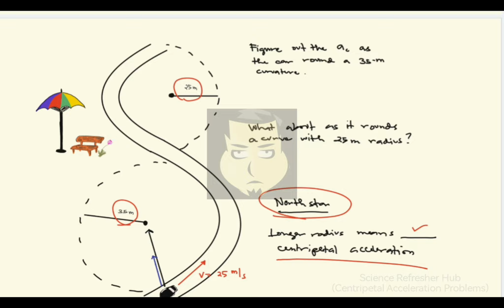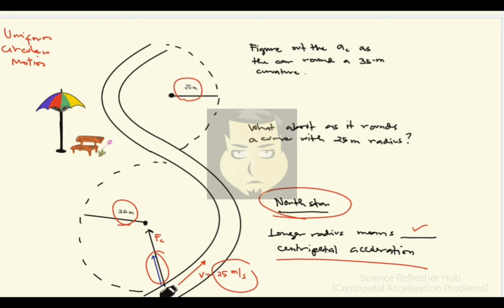The blue line here represents our centripetal acceleration, and the black arrow going to the center, that's our centripetal acceleration. It's a car moving at 25 meter per second speed. So in dealing with uniform circular motion, our speed is constant.